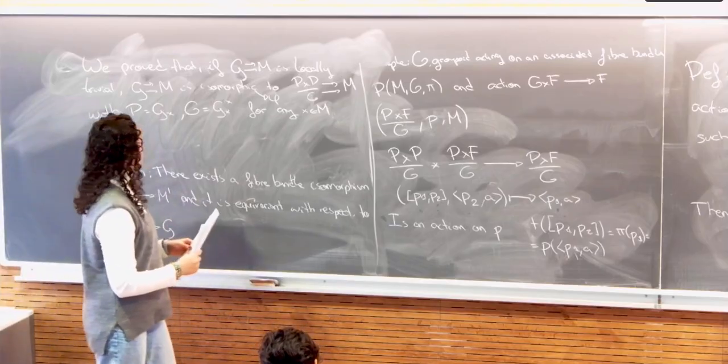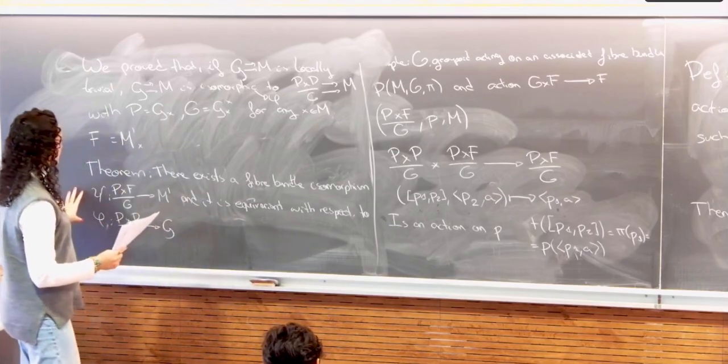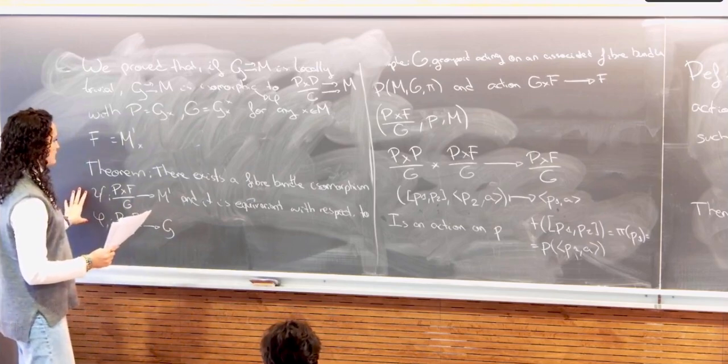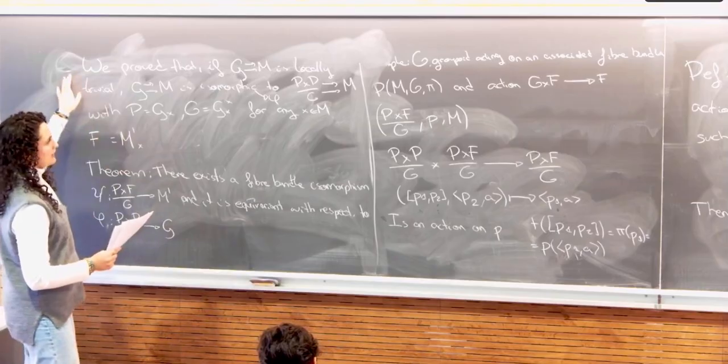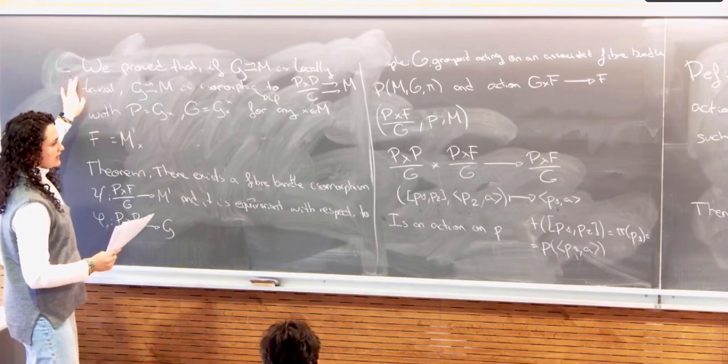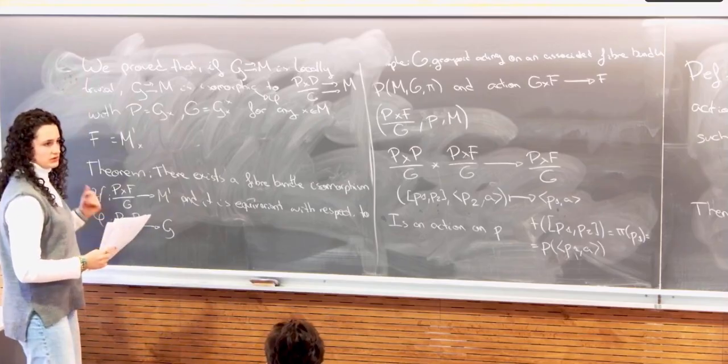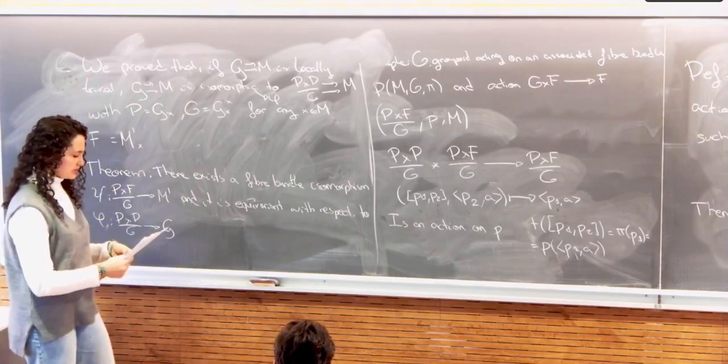So this theorem tells us that every action of a locally trivial Lie groupoid is going to act like this action we talked about in the examples.